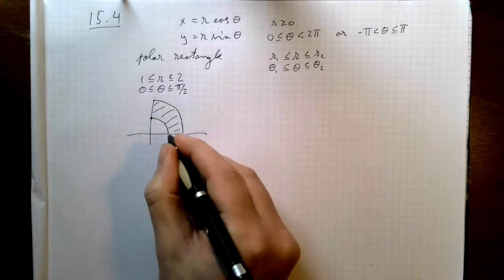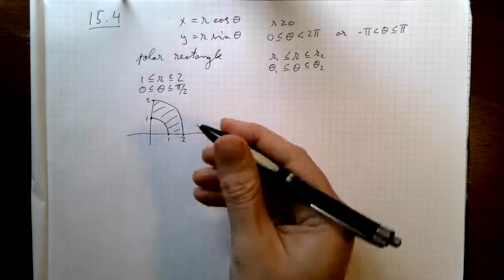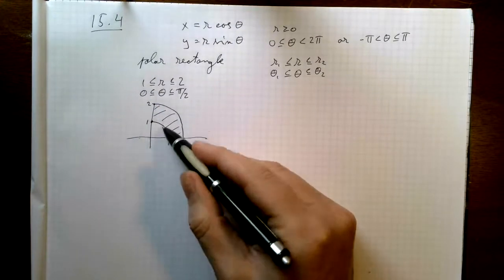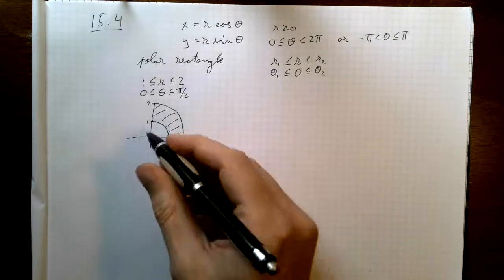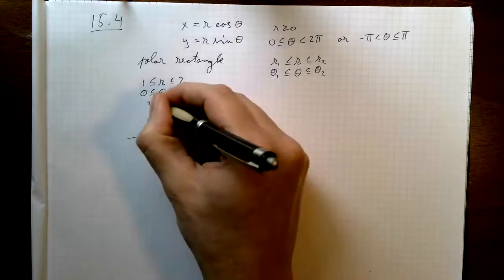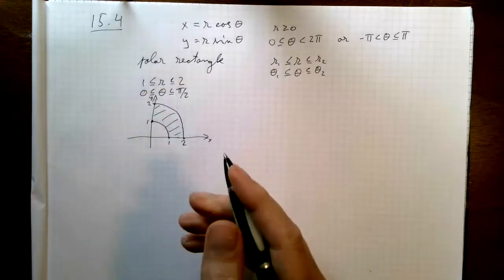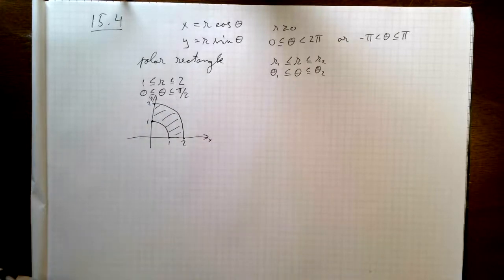The radius is between 1 and 2, and the angle that we make with the positive x-axis is between 0 and pi over 2. So we get this quarter of an annulus, basically.